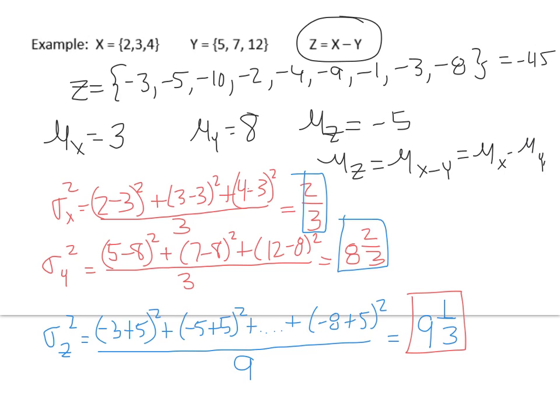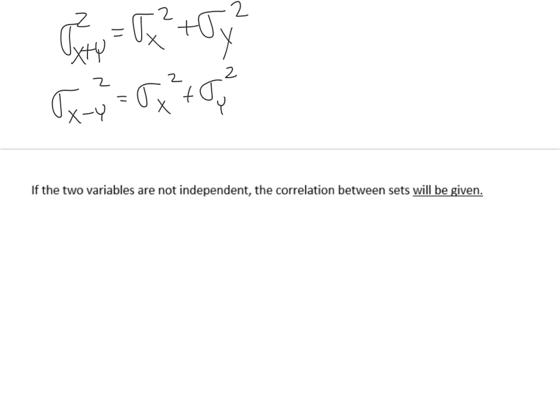So when we go on to the next page, you're going to see that the rules that we're going to establish, again, don't really make sense, but they make sense if you think of that story. All right, so here are the first two rules, and it's very simple because it's actually the same rule. If you are taking the variance of the sum of random variables, then you are just going to take the sum of their variances.